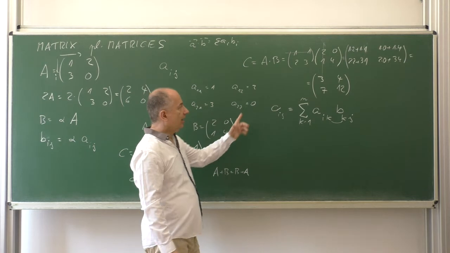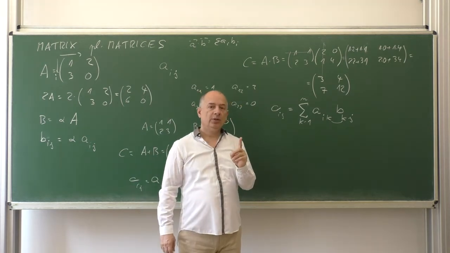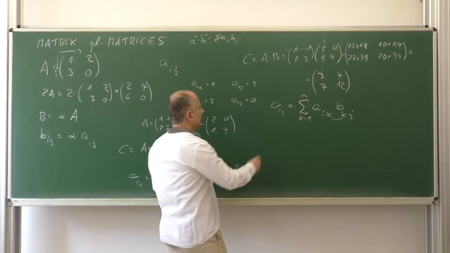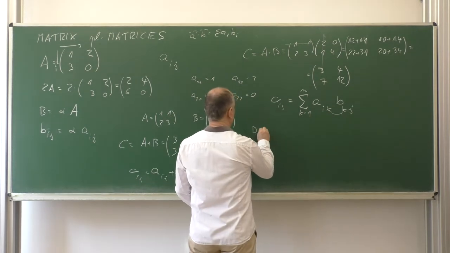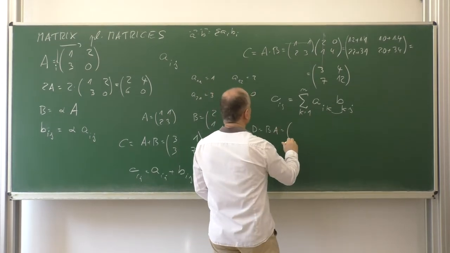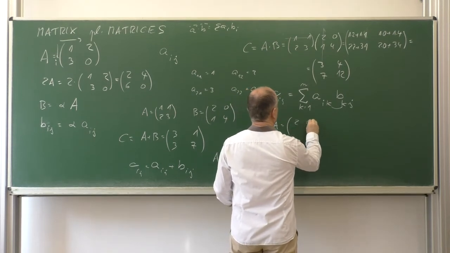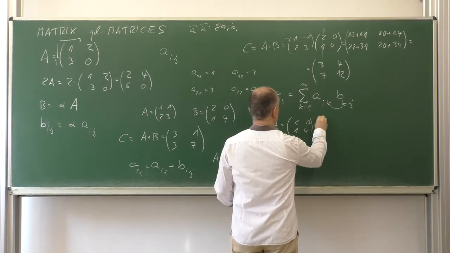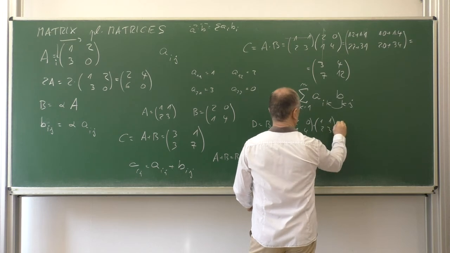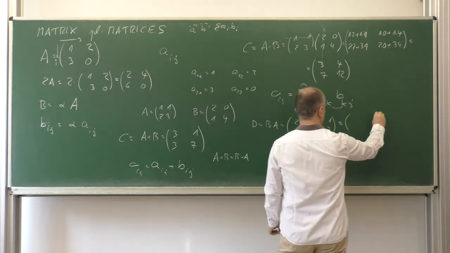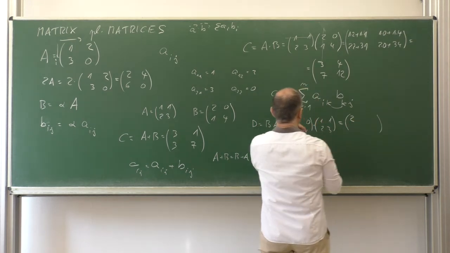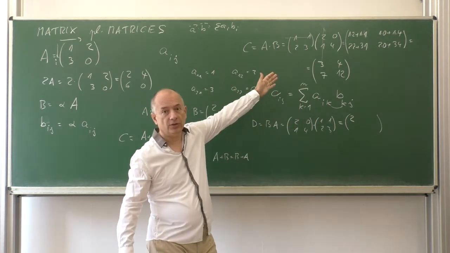Well, surprisingly enough, multiplication of matrices is not commutative. Let us illustrate this by considering the matrix product B times A. So B is 2, 0, 1, 4, and A is 1, 1, 2, 3. So we have 2 plus 0 is 2, and this is different.